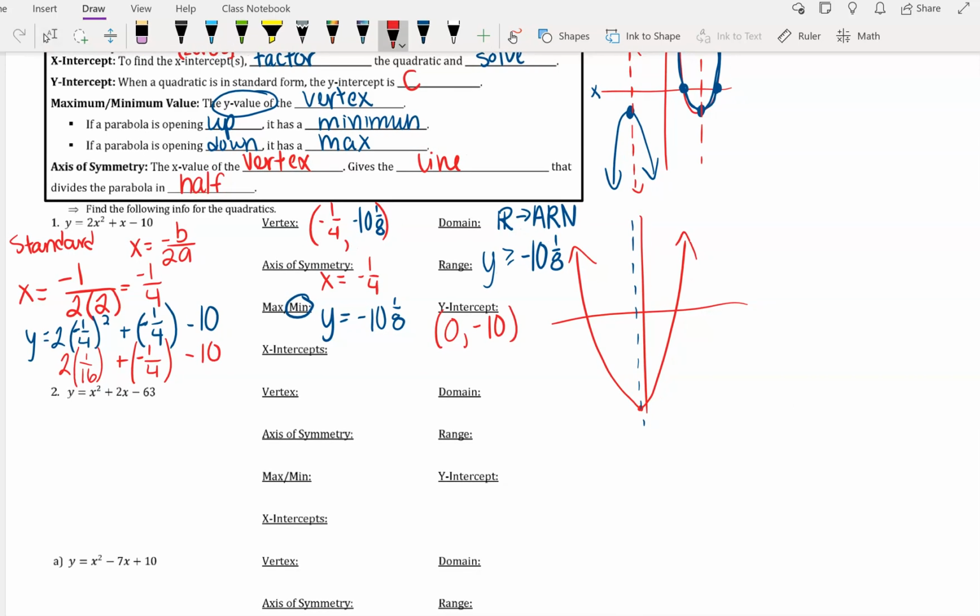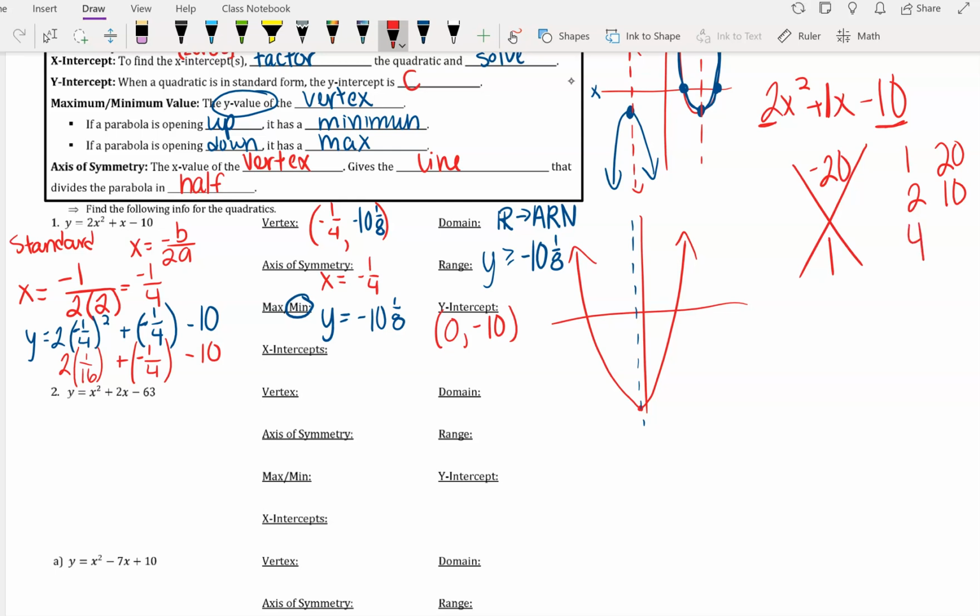So let's just start with 2x squared plus x minus 10. Multiply a times c, you get negative 20, that goes at the top, and then b goes at the bottom. Then go your factors of 20, 1 and 20, 2 and 10, 3 doesn't go in, 4 goes in, 4 times 5, 5 goes in, but we already have it, so we're done.